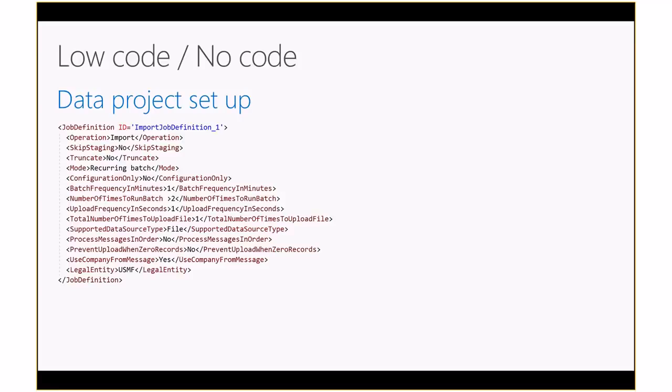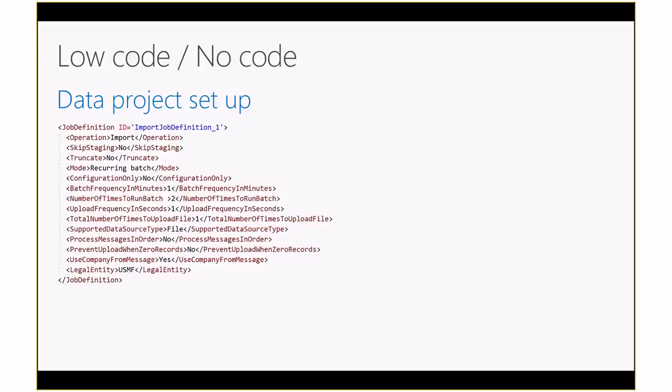Then you have the flexibility to define the batch aspect if it is a recurring type of operation. You can define all the batch-related parameters: the frequency, the number of times, and the frequency to send messages to the endpoint. This is where reliability testing comes into play, where somebody can configure it to send 10 files every second, or one file every 30 seconds, whatever that frequency is.